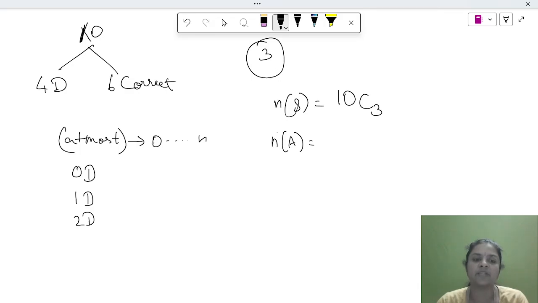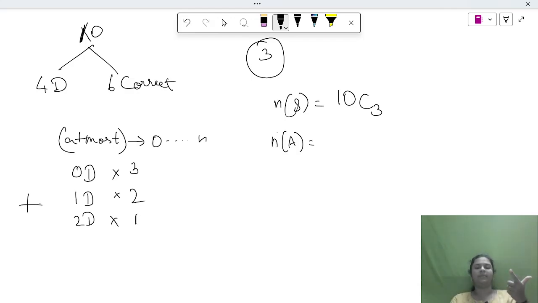Totally I am selecting 3. So how many correct pieces do I need? 3 correct pieces. If it is 1 defective, I need 2 correct pieces, and if it is 2 defectives, I need 1 correct piece to complete the total. So I can either select 0 defectives and 3 correct pieces, or 1 defective and 2 correct pieces, or 2 defectives and 1 correct piece.